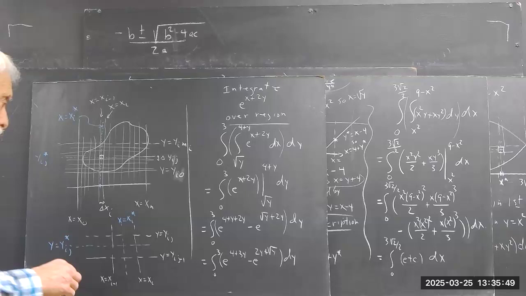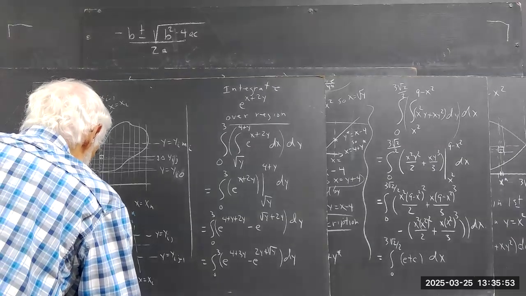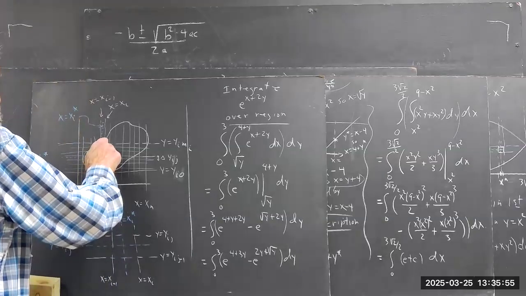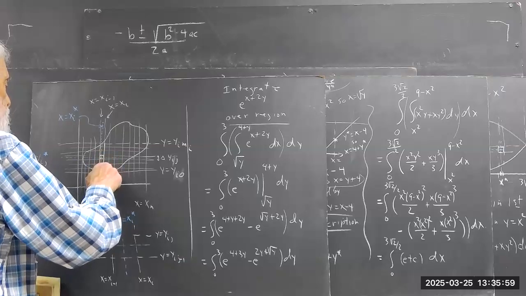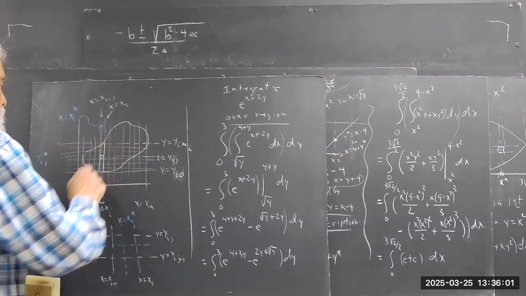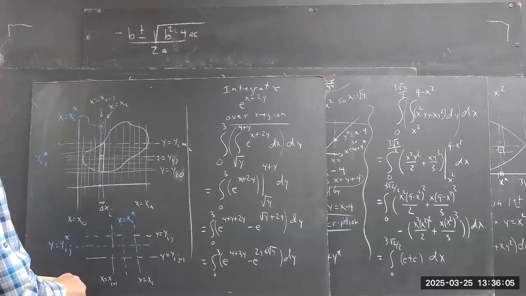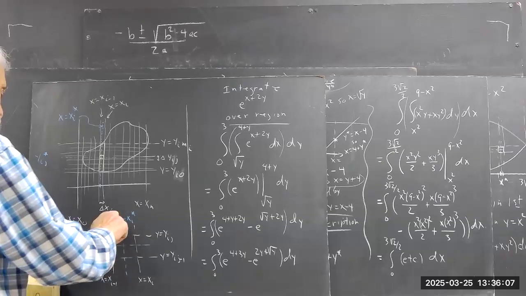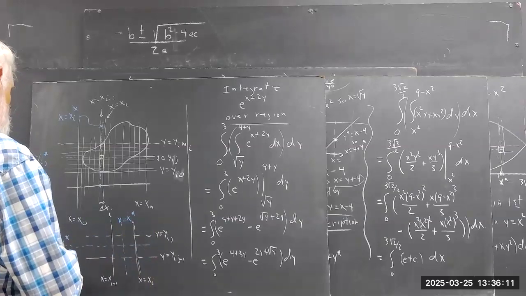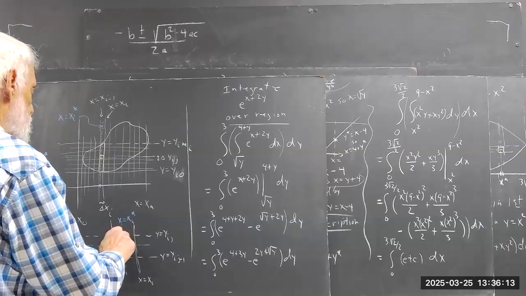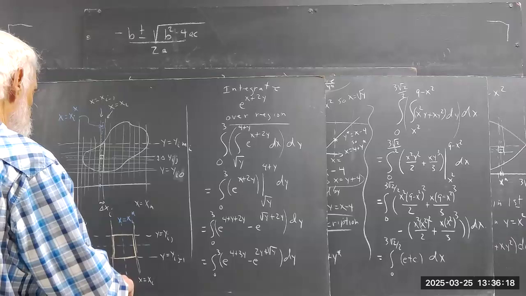So really all I'm looking at in this picture at this point is this green bounded region, and I've got this orange interval here.